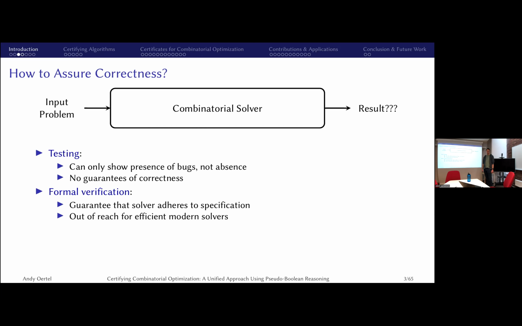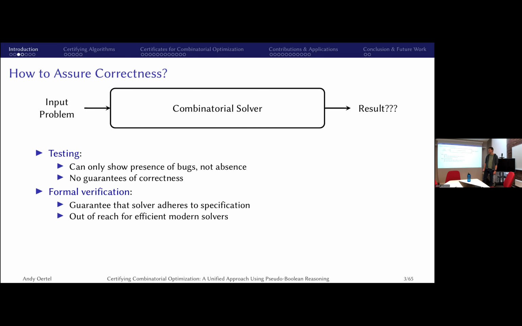The other extreme would be formal verification. Here we have a formal specification of what the solver, what the software, should do, and then we get proven guarantees that the solver adheres to the specification. However, this approach is very complex and complicated, and it's completely out of reach for efficient modern solvers.